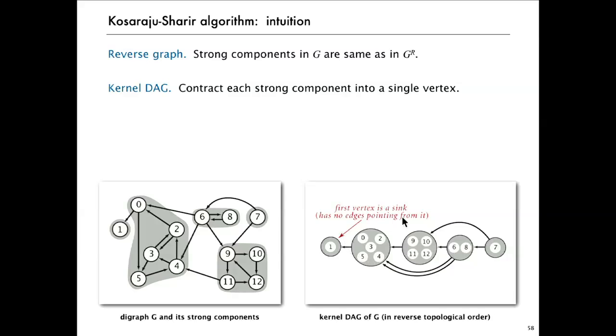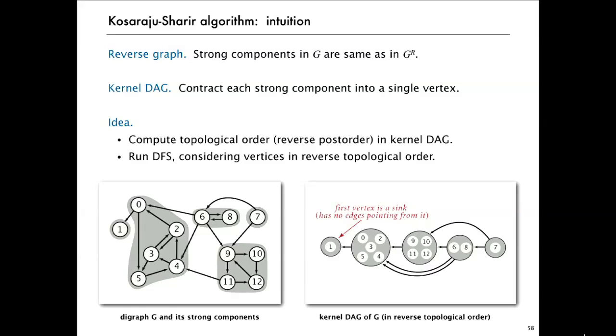If it was cyclic, it would create a bigger strong component. It would coalesce a couple of strong components into one. If we think about processing that kernel DAG, that's the edges that go between strong components, and we get a DAG, and we know how to deal with the DAG.